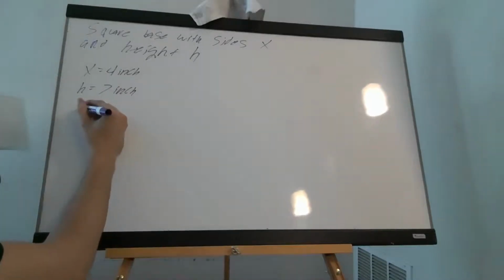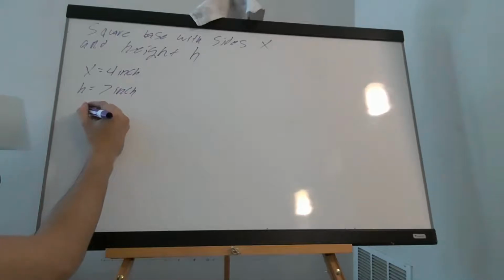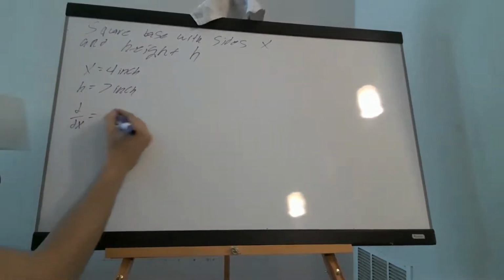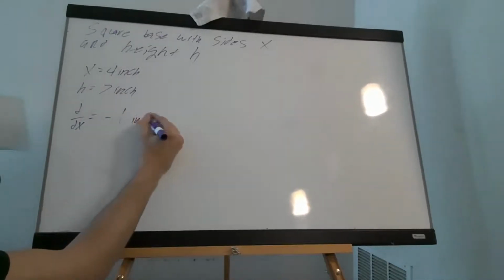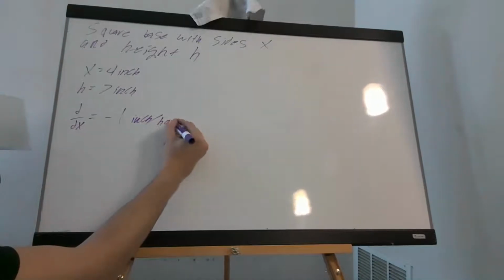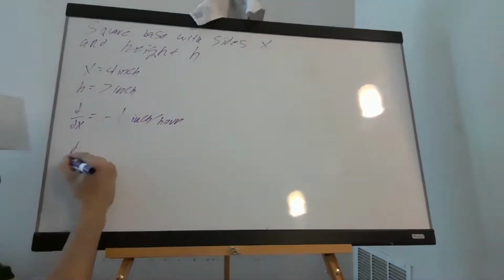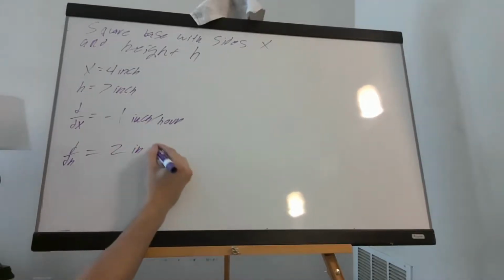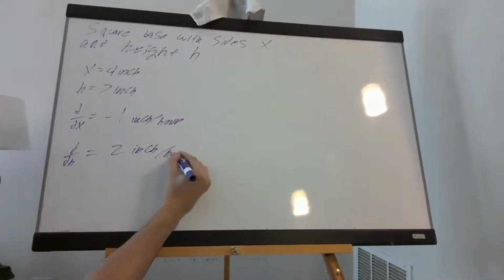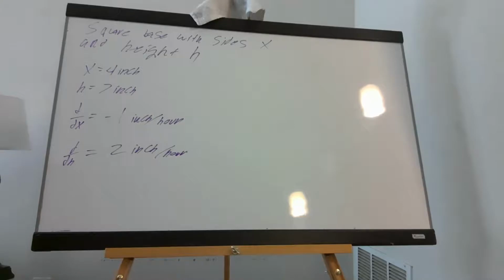So dx equals negative 1 inch per hour, and then dh equals positive 2 inches per hour. Okay. Find the rate of change of the volume of the box.